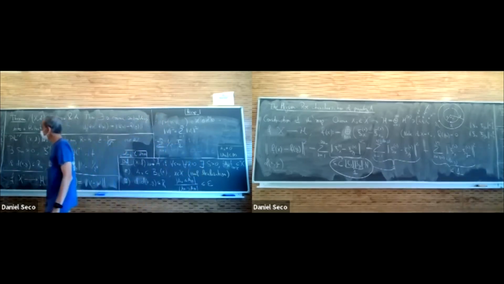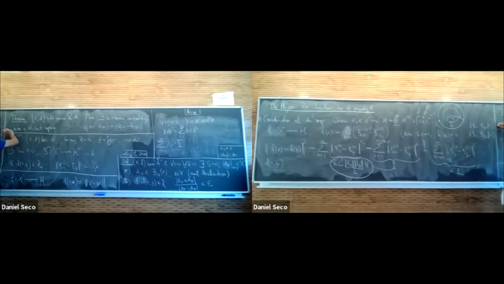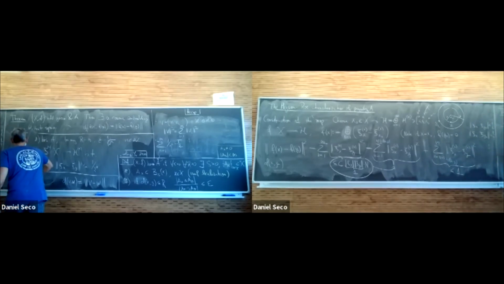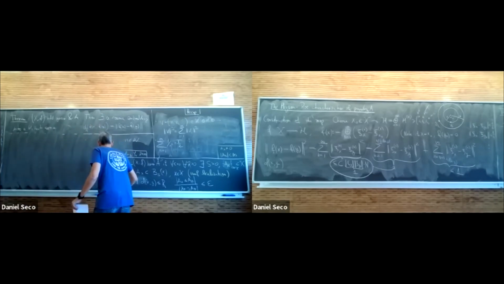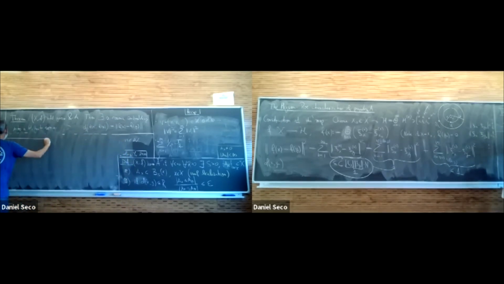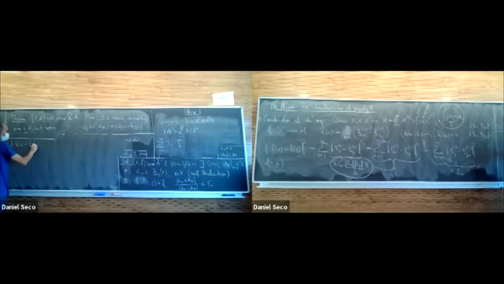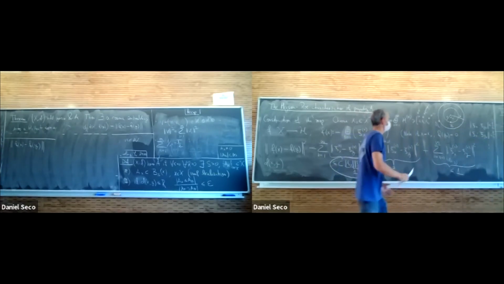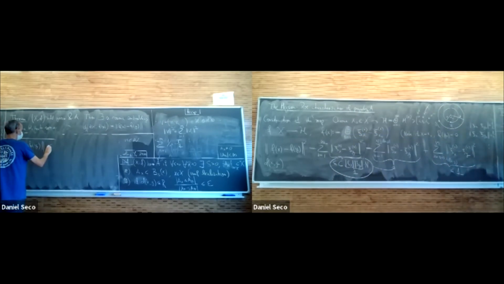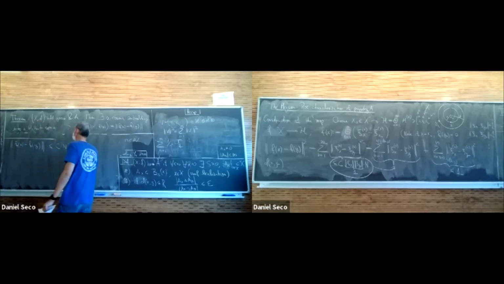So altogether, I get the following. The distance of this guy is below c times n plus 1 plus another constant.